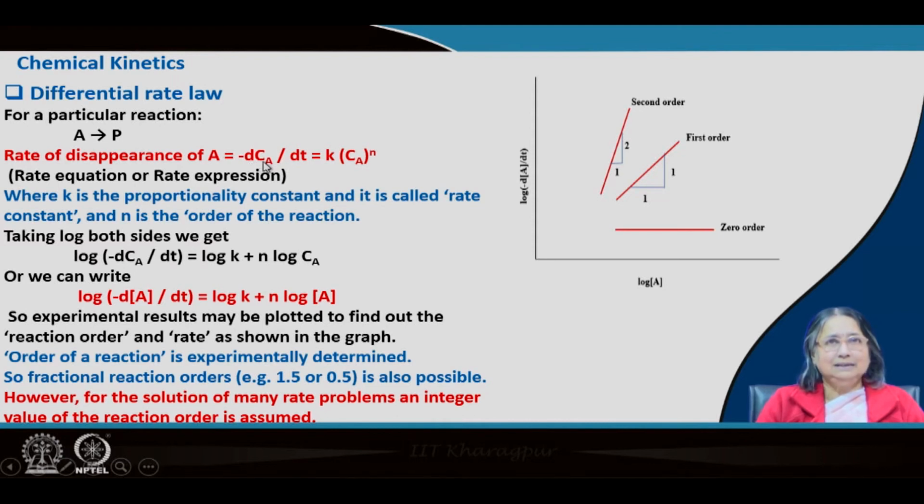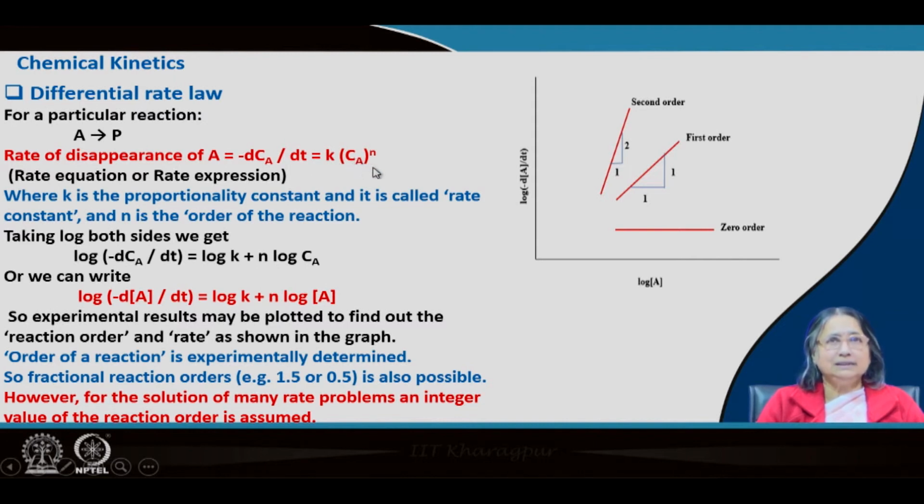So, minus dCA/dt, this is the rate, and the rate is related to the concentration in some way. Rate is K, the proportionality constant, times Ca.